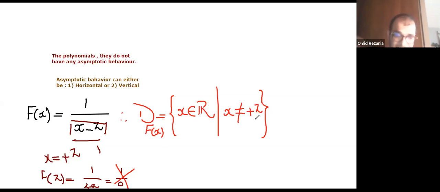Now, what is the connection between the point x equal to 2 and the asymptotic behavior?